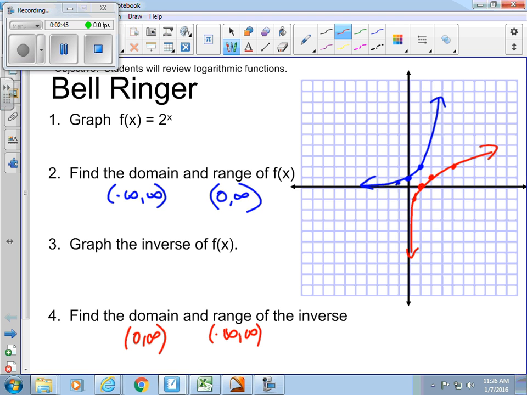Today we're talking about the inverse of an exponential, which is a logarithm. You noticed that the domain of a logarithm was 0 to infinity. That you couldn't plug negatives into a logarithm, you couldn't plug 0 into a logarithm, right? So notice that? Now you know why. That's because it's the inverse.